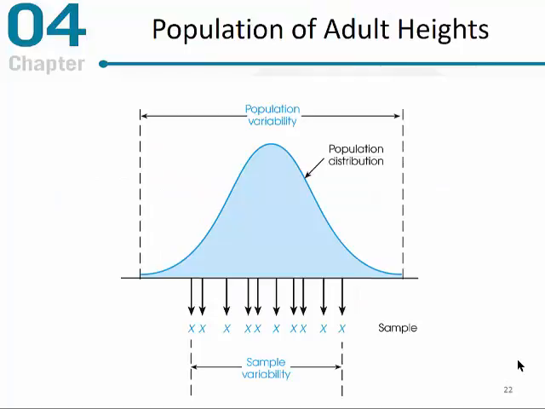So if you look here, for example, at the population of adult heights, and let's say the top graph is the population distribution, you can see the population variability goes all the way from here to over here. If we select a sample from the population, because there are so many more people here, it's more likely that we're going to get people from here for our sample.